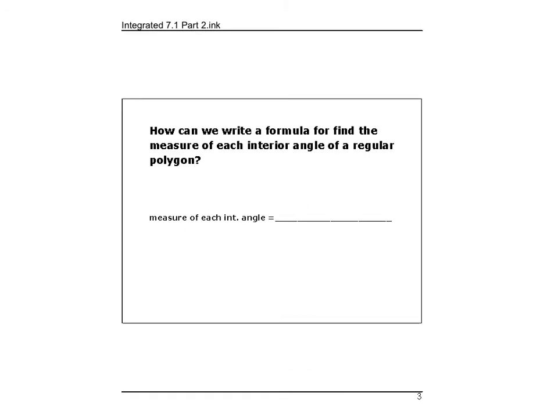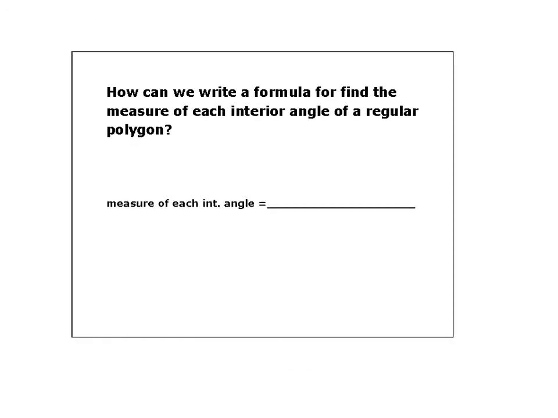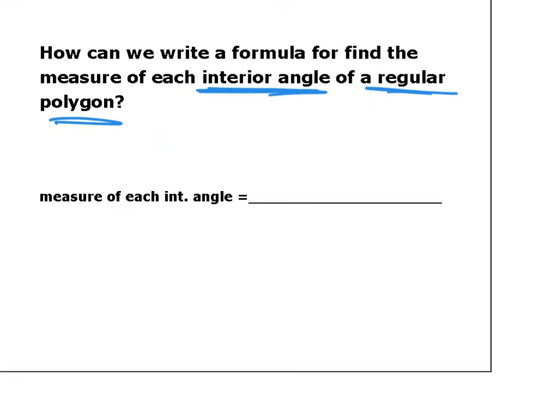Okay, so it's nice to have formulas for that. So how can we write a formula to find the measure of each interior angle of a regular polygon? Well, first thing we need to know is the sum of the whole thing. So we need to know what all of the interior angles are going to equal. So we're going to do what we already know, 180 times n minus 2. That is all the angles.